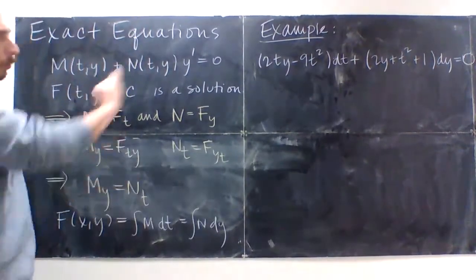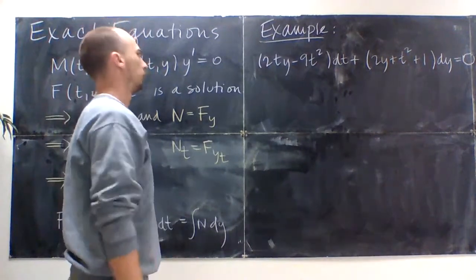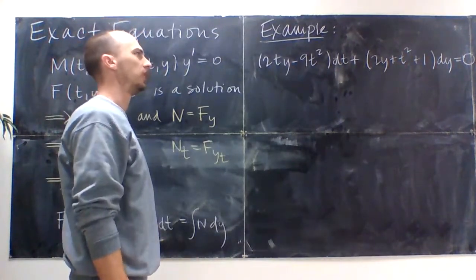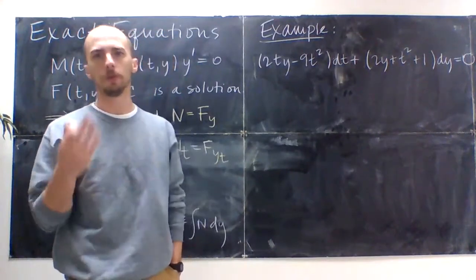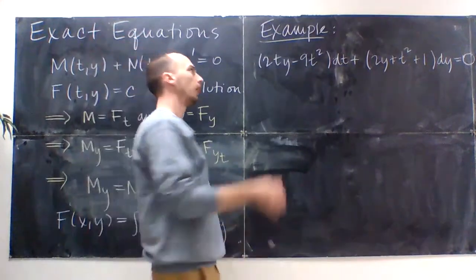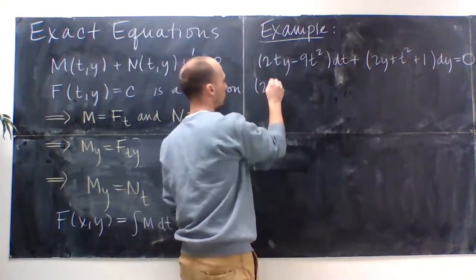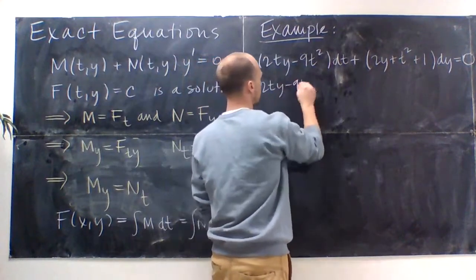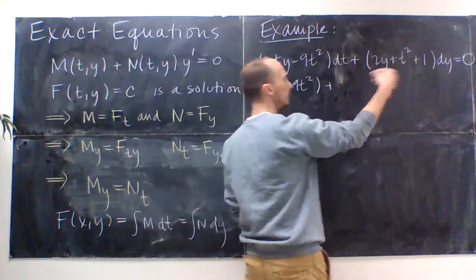All right, sometimes you'll see it written in a differential form, where (2ty minus 9t squared) dt plus something else dy is equal to 0. Of course, the first step is just to divide everything by dt: (2ty minus 9t squared) plus that thing times dy/dt is equal to 0.